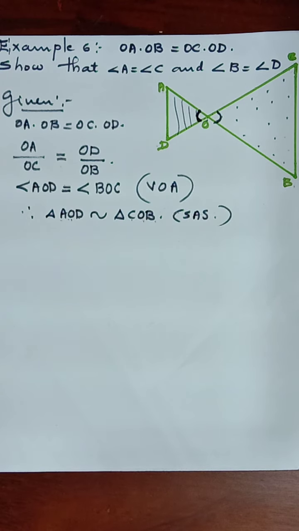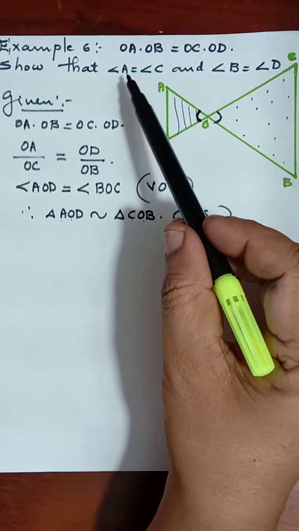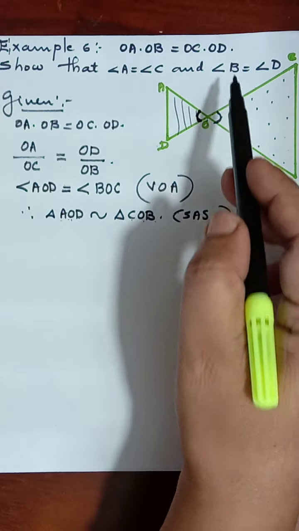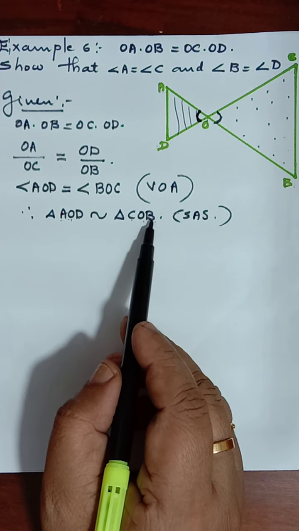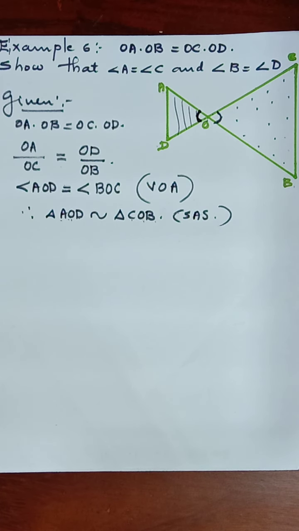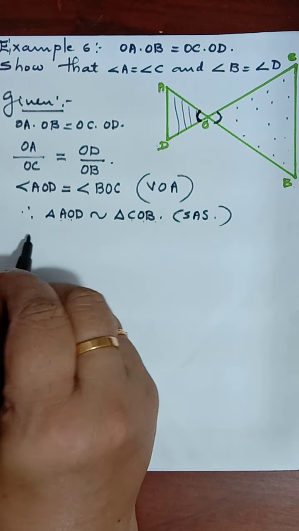If these two triangles are similar, don't you say that angle A is equal to C, angle B is equal to angle D? What is the reason? If two triangles are similar, corresponding angles of similar triangles are equal.